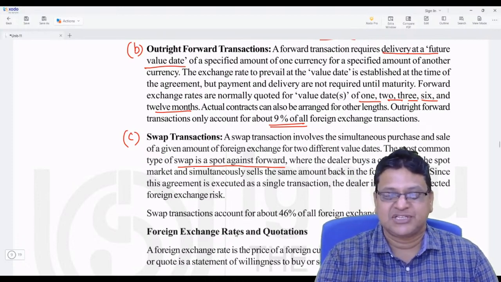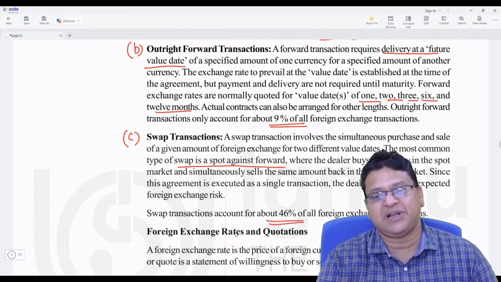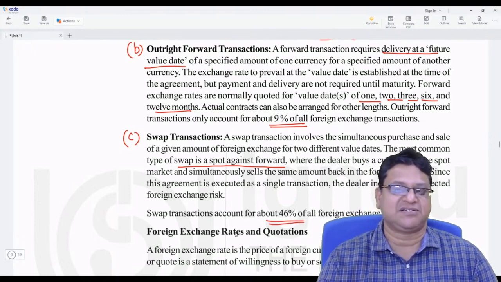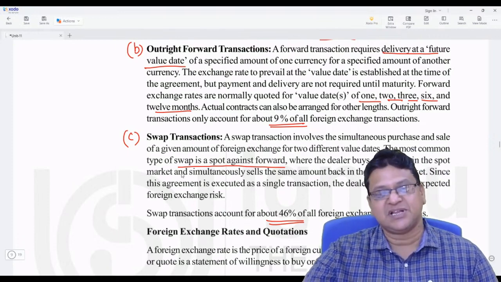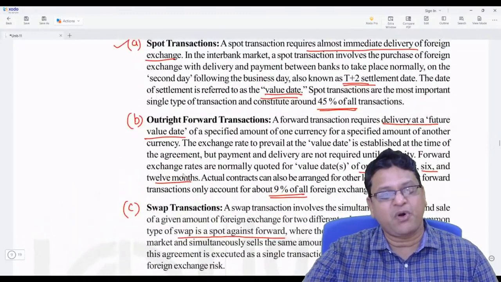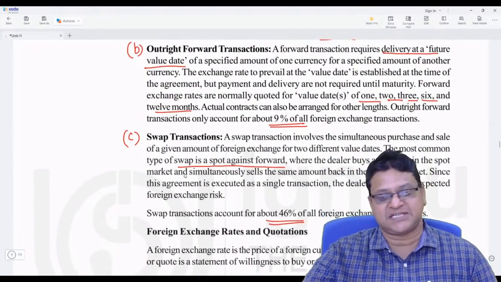Swap transactions consist of 46% of foreign exchange transactions. So these are three important transactions in the forex market: spot transaction, forward transaction, and swap transaction.